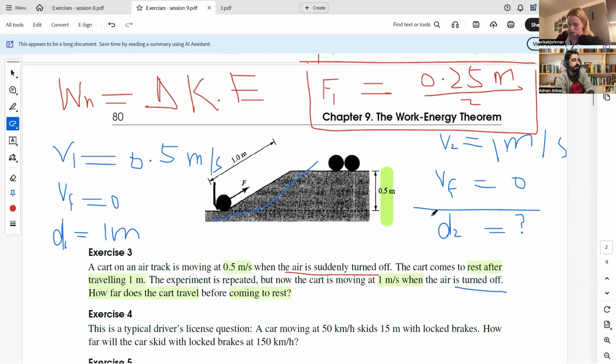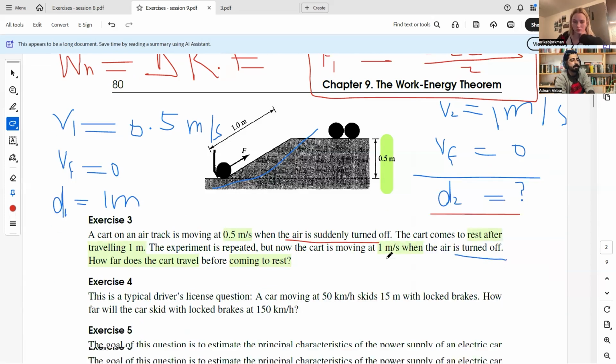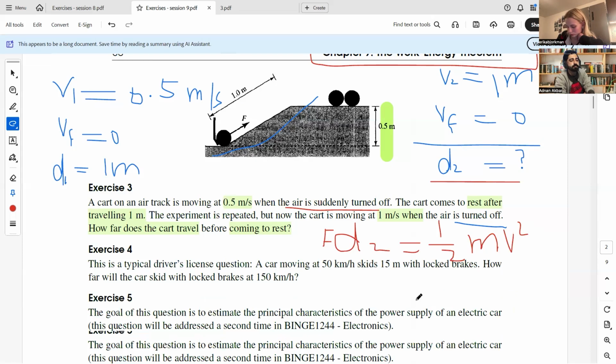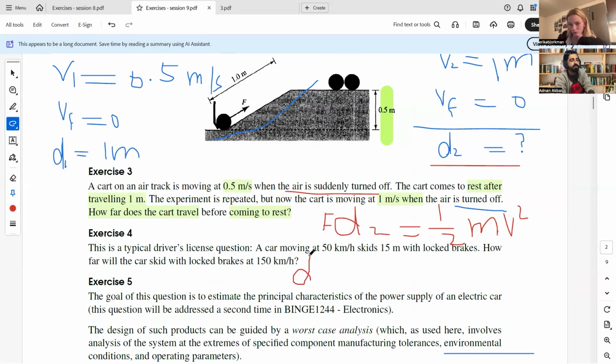Okay, now we have the force. What do we have to find? We have to find d2. Again, we need to apply the work energy theorem on the second case. F d2 is equal to half m v squared. So to isolate d2, because you need to measure d2, it is equal to half m v squared divided by F.